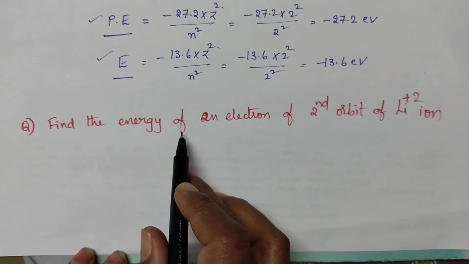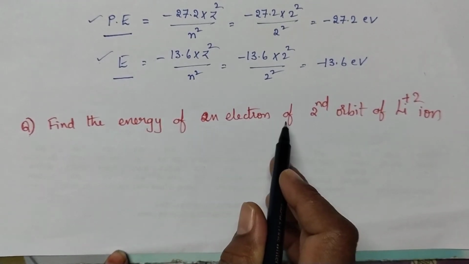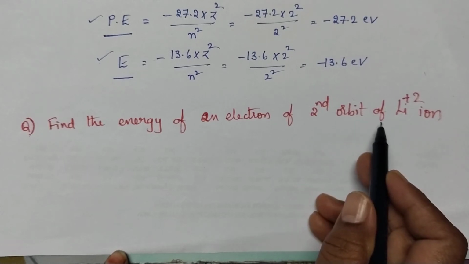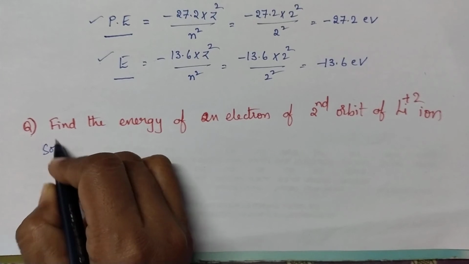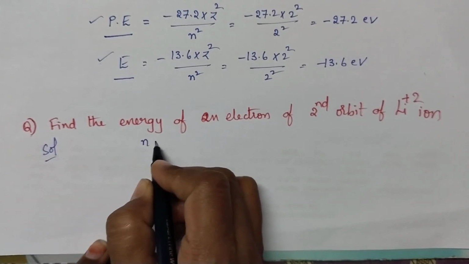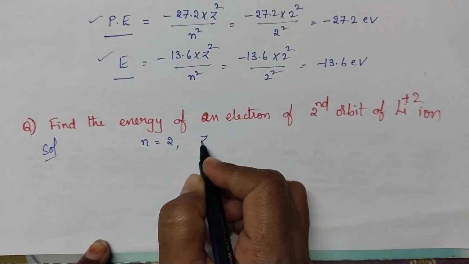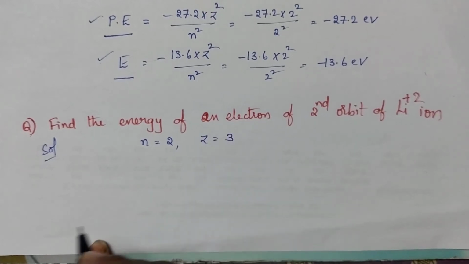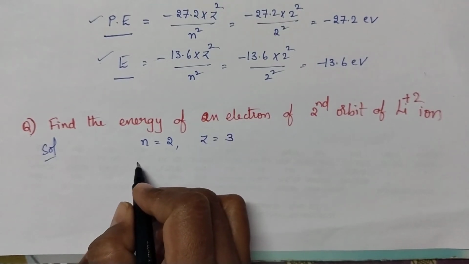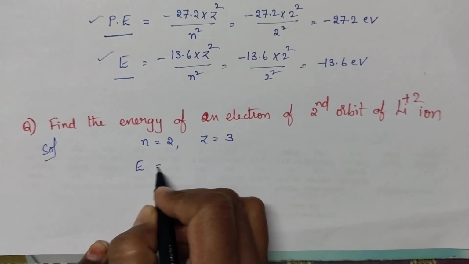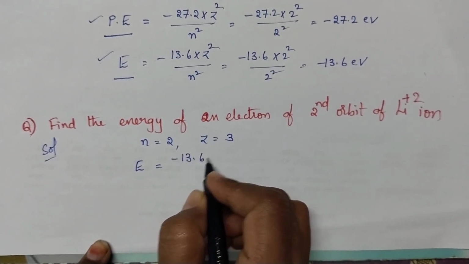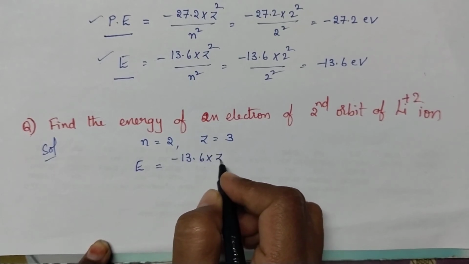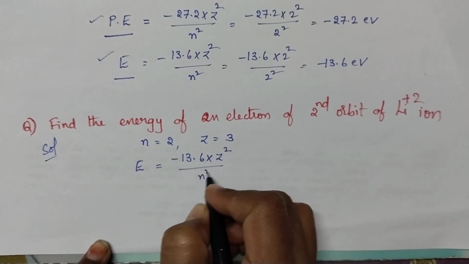Find the energy of an electron of second orbit of lithium plus 2 ion. Here N is equal to 2 and Z is equal to 3, and we are supposed to calculate total energy. Total energy is equal to minus 13.6 into Z square by N square.